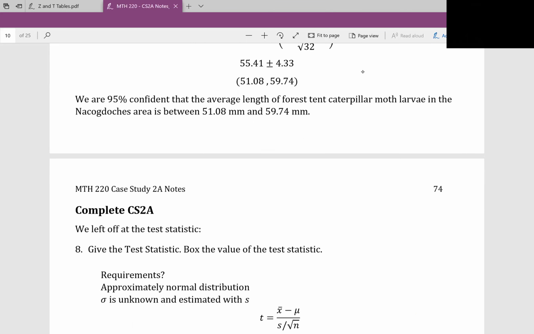I also want to make a note off to the side: it's always helpful to remember what our alternative hypothesis is. Mu is larger than 6.6.